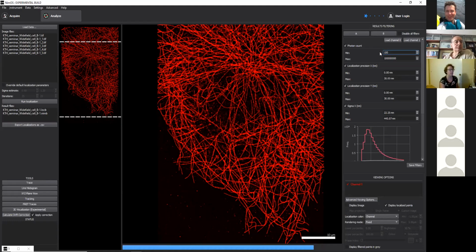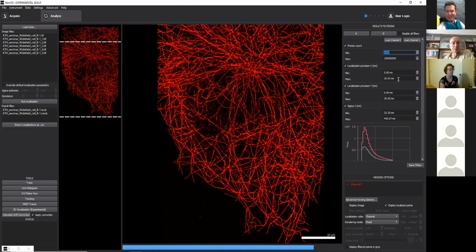So that's basically filtering based off of the number of photons detected per blinking event. And when a higher number of photons are detected, you actually are able to obtain a better localization precision. So we want to filter for localizations or for blinking events that actually have a higher photon count. So I've just put the minimum at 1500 here.